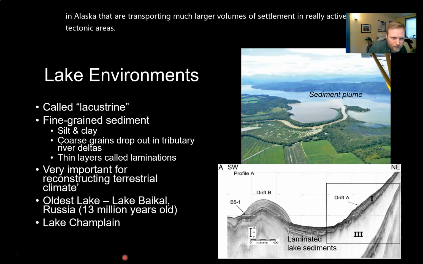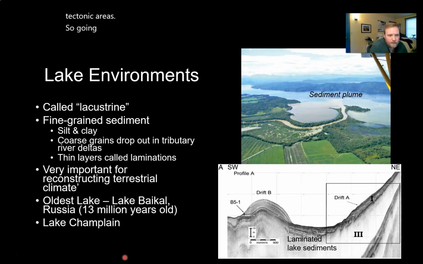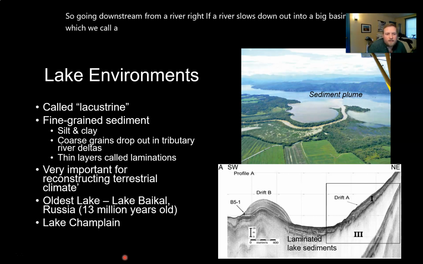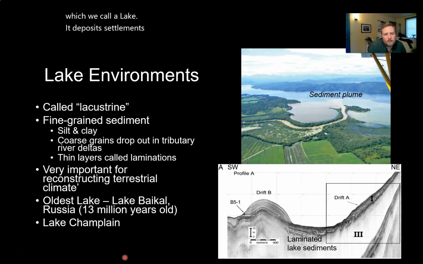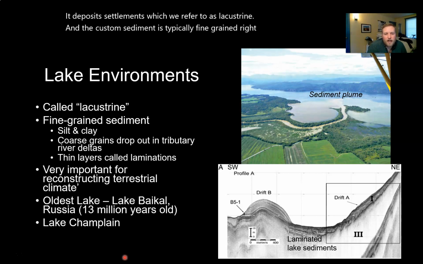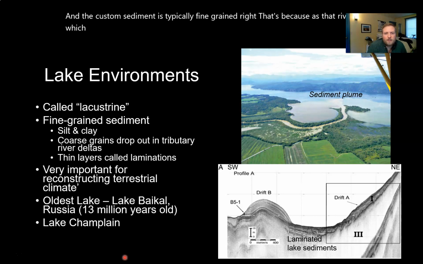So going downstream from a river, right? If a river slows down out into a big basin, which we call a lake, it deposits sediment which we refer to as lacustrine. And lacustrine sediment is typically fine-grained, right? That's because as that river, which has quite a bit of stream energy, is flowing out, it's going to carry a greater range of sediment sizes.